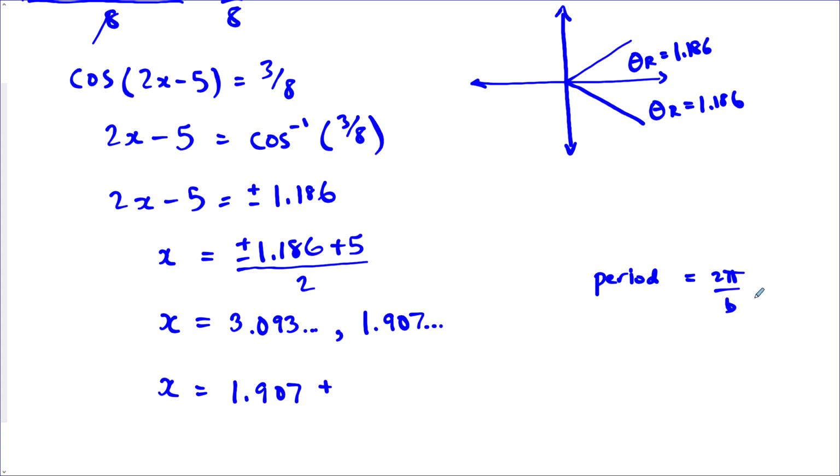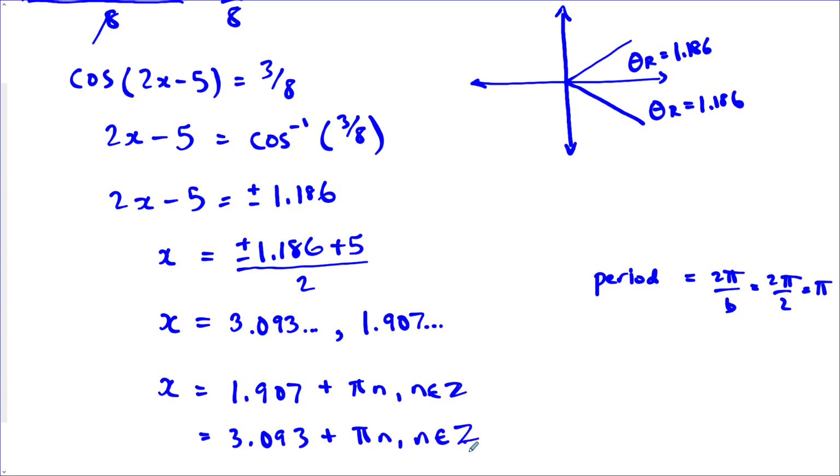In this case, the b value is just 2, so our period is just pi. So we got our first angle here, 1.907 plus pi, any n number of times. And our second angle here, 3.093 plus pi, any n number of times.